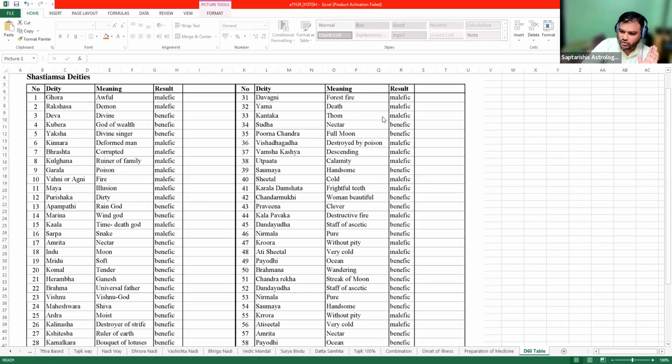Any of these lords, or Lagna itself, or the lord of Lagna, 6th, 8th and 12th, if falling in Krura Shashtiamsha, that particular planet has the potential to create health trouble. Clear?